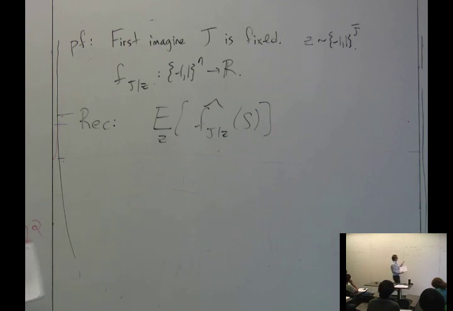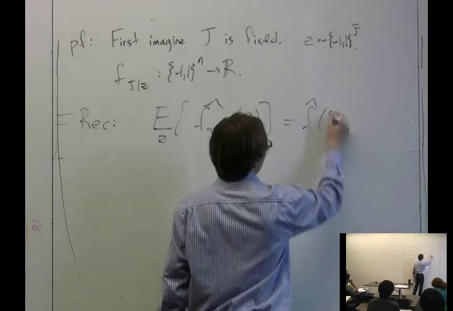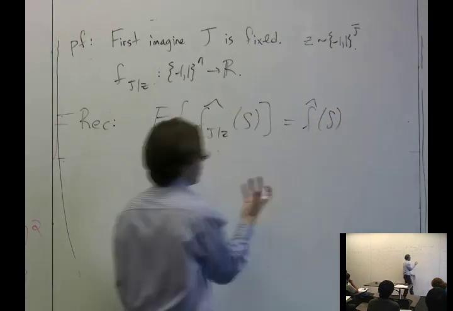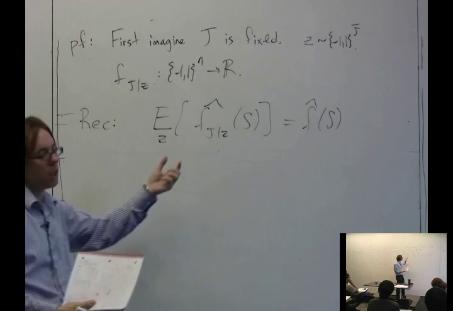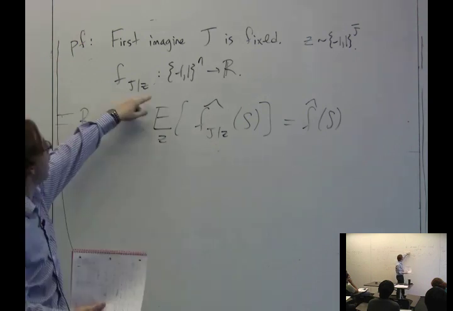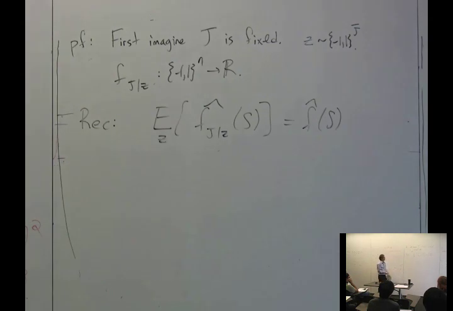Well, last time we were only considering it when S was a subset of J, because this guy really only depends on the coordinates in J. But for completeness, now we're thinking of the domain as being everything. So if S is not a subset of J, it'll be 0.